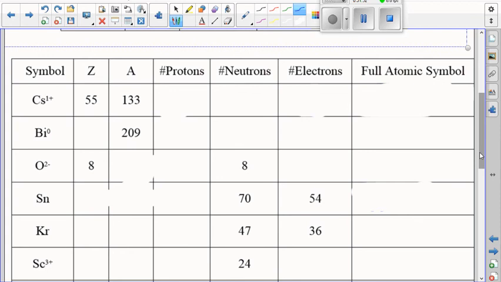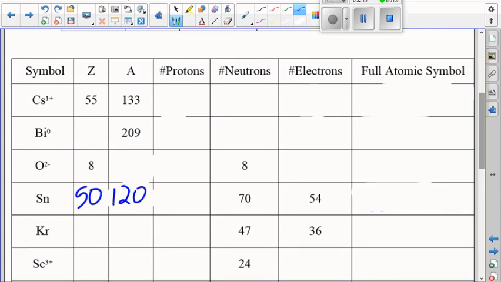What is its atomic number? What is tin's atomic number? Has to be 50. All tins have an atomic number of 50. So it doesn't matter what these numbers are. You could fill it in at the very beginning without looking. This particular tin's mass must be what? Remember, mass is protons and neutrons. This particular tin's mass is 120, the 50 plus the 70.